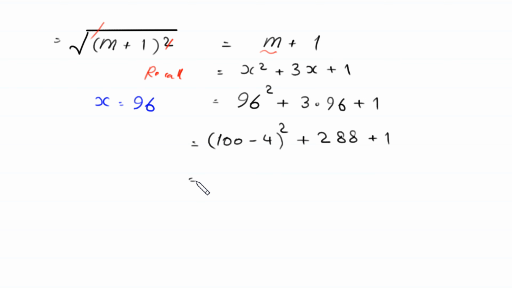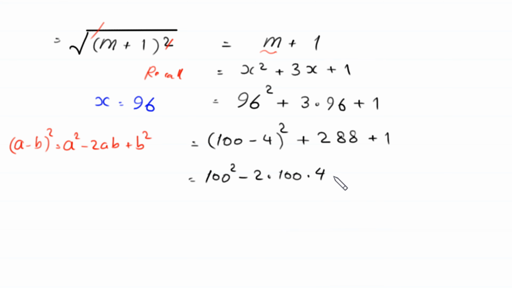Next, by using this algebraic identity, a minus b whole squared is equal to a squared minus 2ab plus b squared, this 100 minus 4 whole squared will become 100 squared minus 2 times 100 times 4 plus 4 squared, plus this 288 plus 1 will become 289.